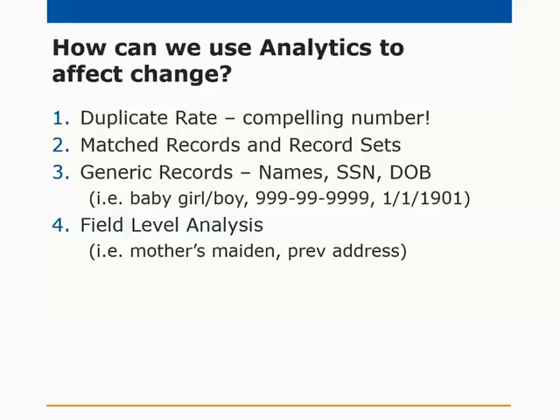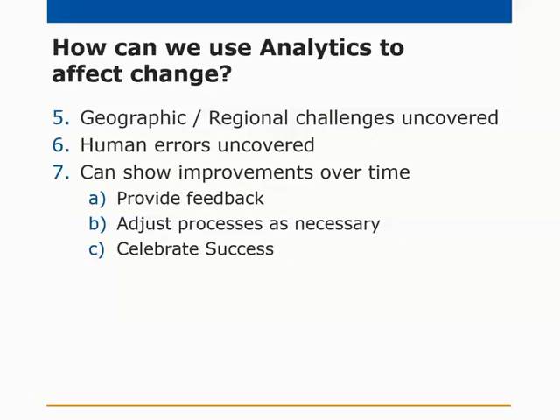Those are some of the things we get into, and how good is that data? Are we good about getting mother's maiden name? Are we good about getting previous address, or what's the percentage of those that are missing? That's an interesting little factoid too that I think people are surprised at sometimes.